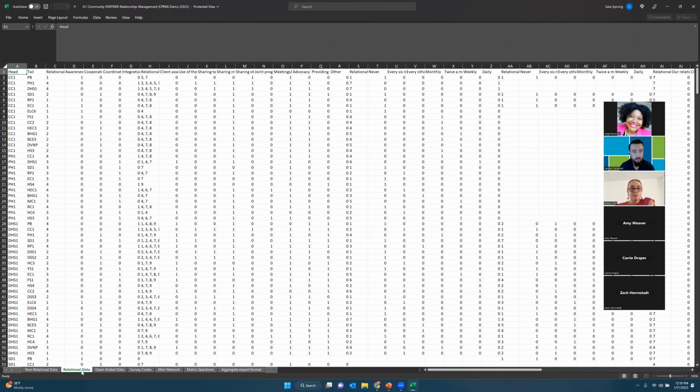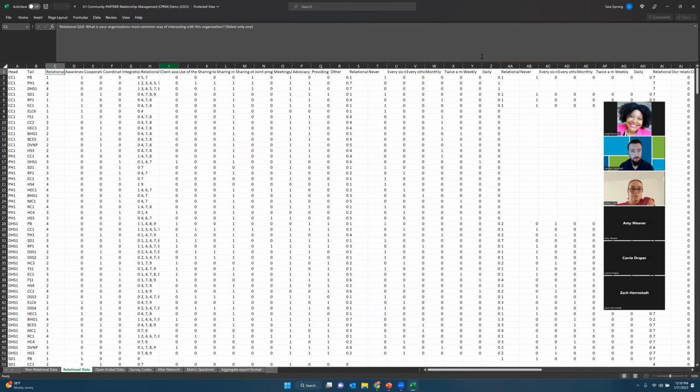Your relational data, this tab I feel is the most fun and the one that you can get lost in the most, just because this goes down to the dyadic level. So this tells you about each individual partnership that was reported within your project. The head is the person who took the survey, and the tail is the partner they picked in that question.